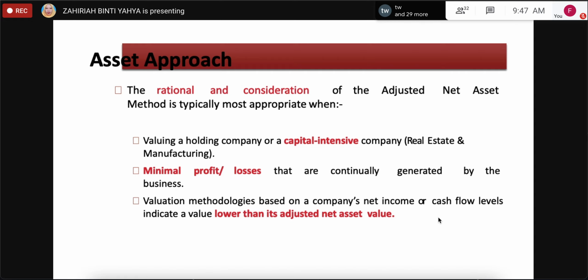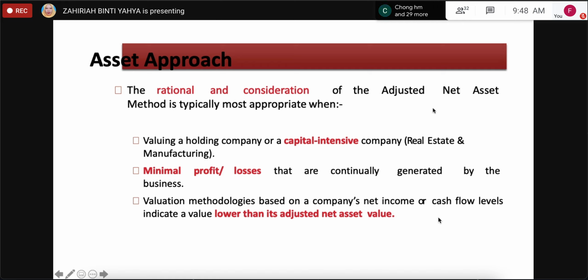So bila sesuai untuk pakai asset approach? Kebanyakan company yang bukan asset intensif, macam IT company, to use asset approach memang tak sesuai. Tapi dia sangat sesuai untuk company-company yang banyak aset, yang asset intensif punya company.